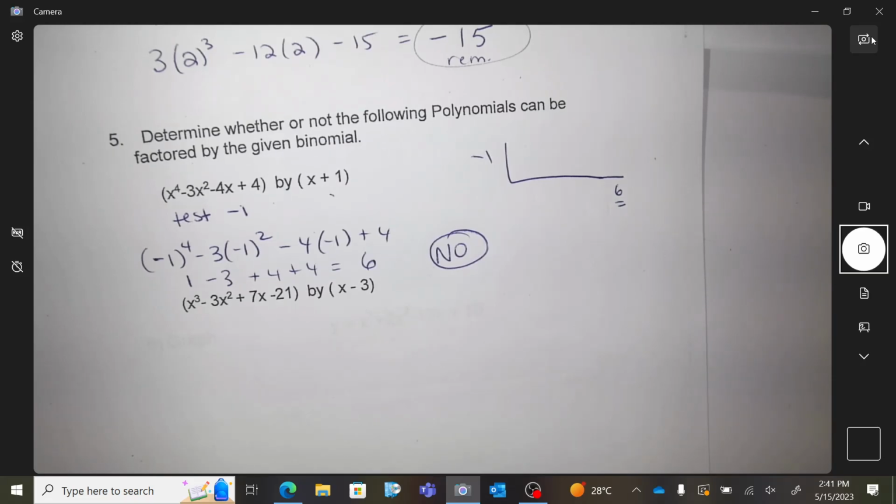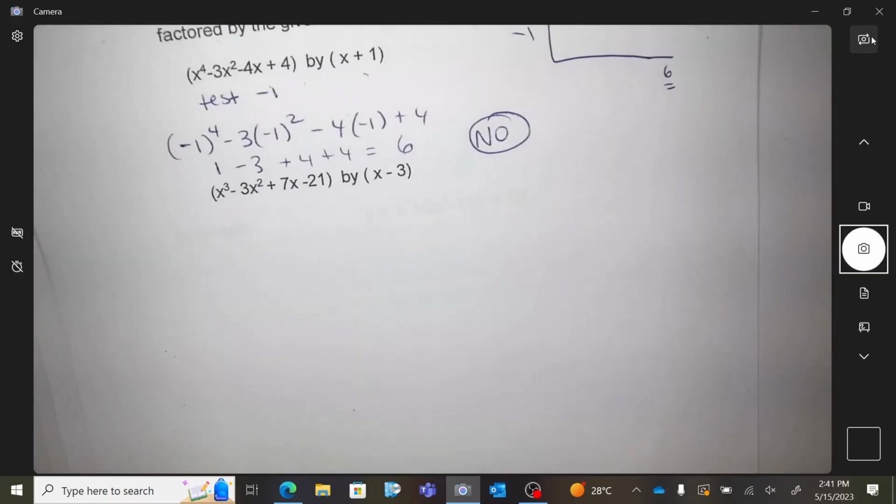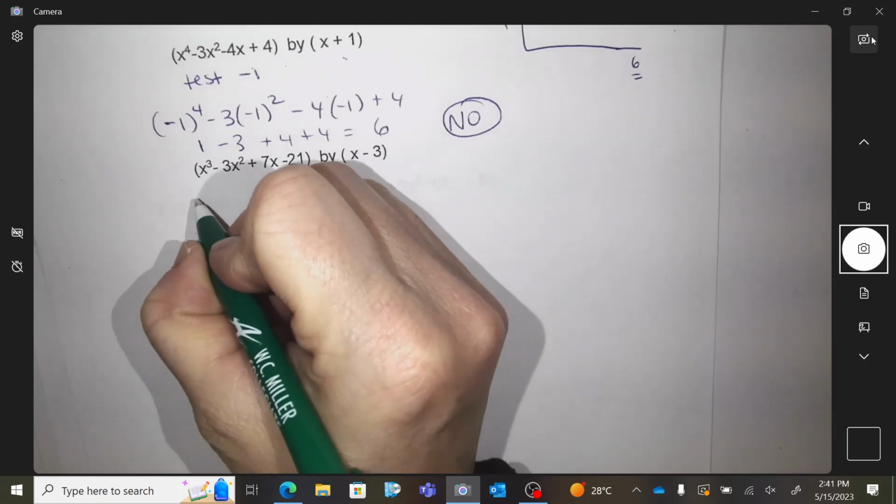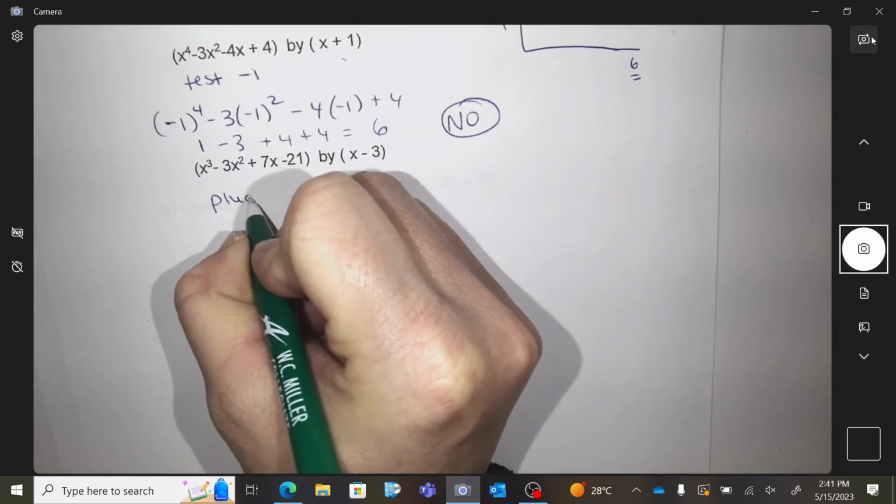Okay, and then one more. So try it the same, because it would have had to be 0. Right.